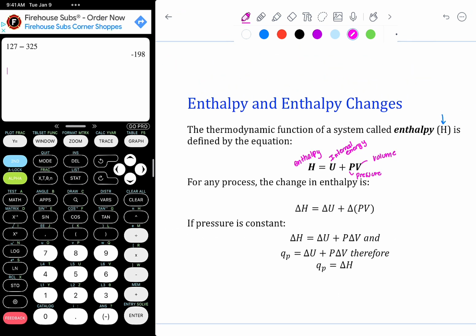Since enthalpy is a type of energy, it is a state function. Therefore, for the change in enthalpy, we just add those deltas. So delta H is equal to delta U plus delta P times delta V.